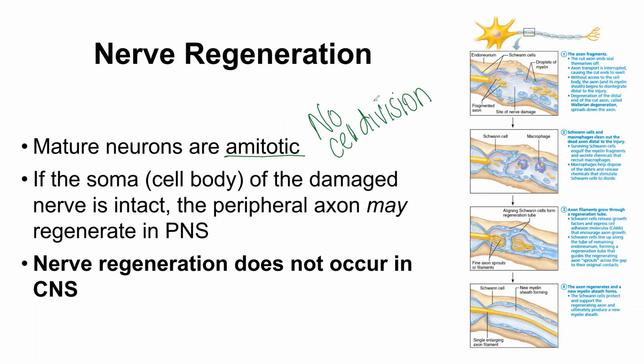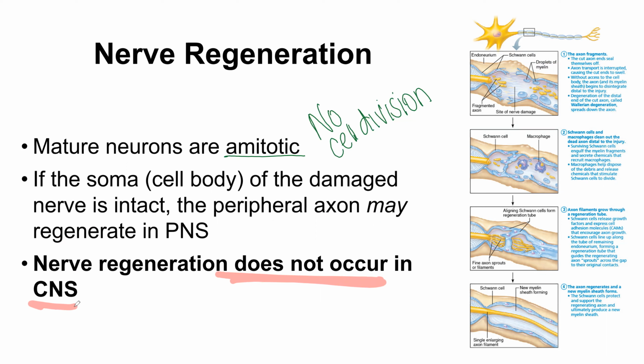So if the soma, or the body rather, of the damaged nerve remains intact, then if we're talking about the peripheral nervous system, the peripheral axon may be able to regenerate. However, nerve regeneration, absolutely 100%, unfortunately, does not occur in the central nervous system.